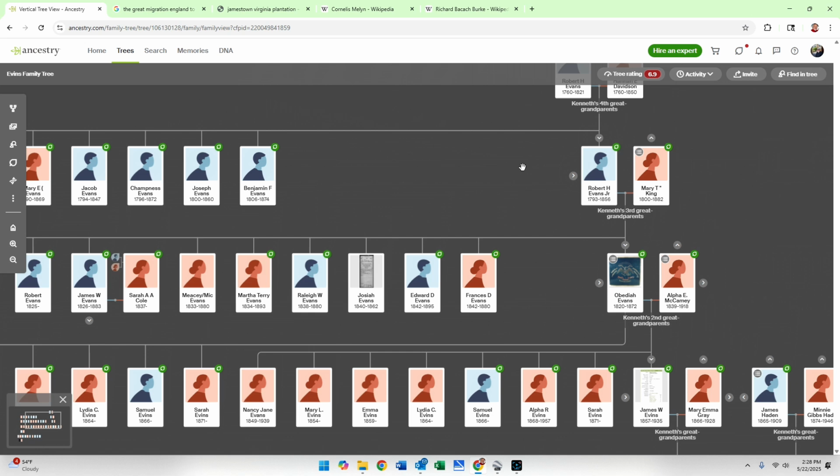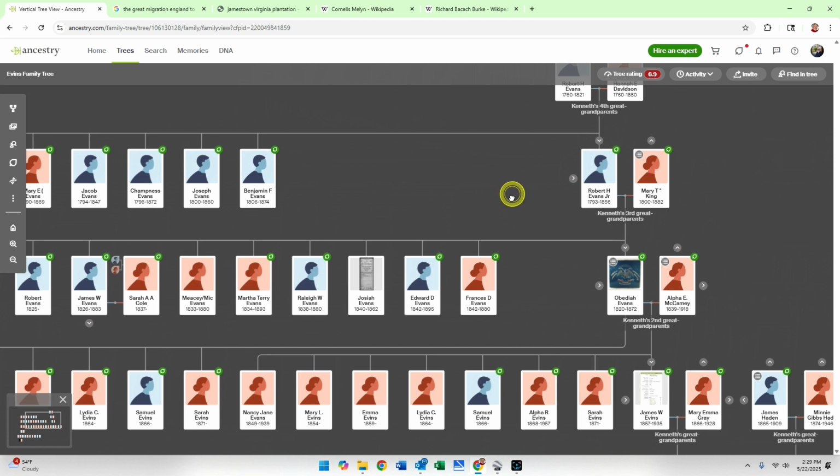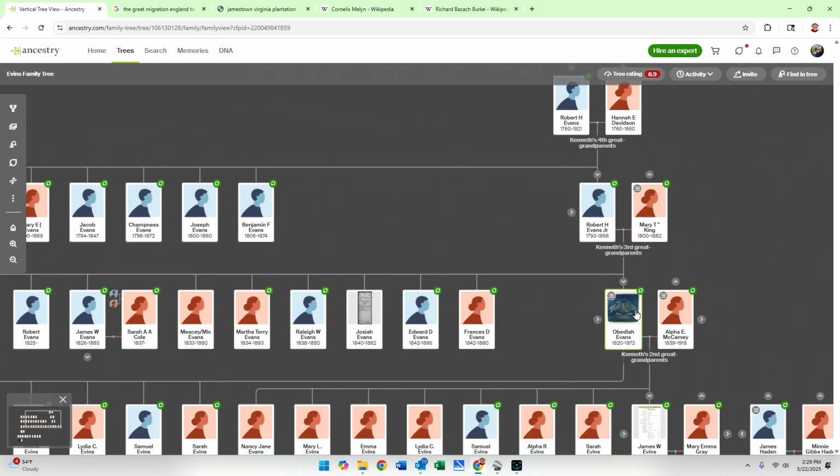It was basically a British crown colony, and their goal was to make money. It was a company that sent over all the settlers, and they introduced slavery very early on in the process, and it was a slavery situation. Okay, so I cannot find that Obadiah's father, Robert, ever had any slaves.